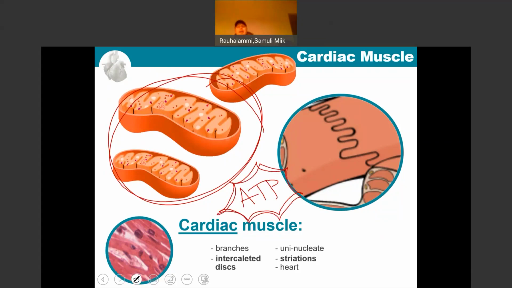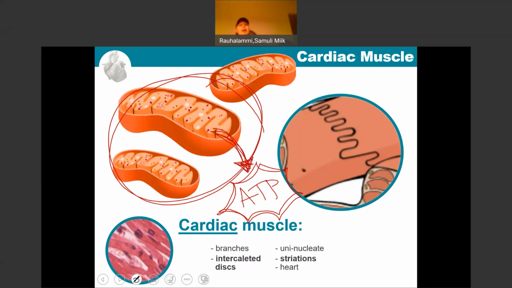Well, this can be explained by remembering that cardiac muscle cell is always at work. So it's going to be using a great amount of resources, great amount of energy. So for that reason, we end up needing quite a few mitochondria, more than in a normal average cell, present in the cardiac muscle cell.